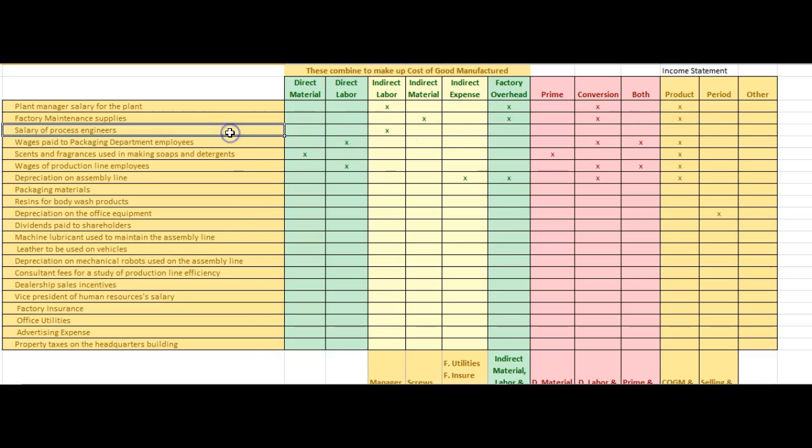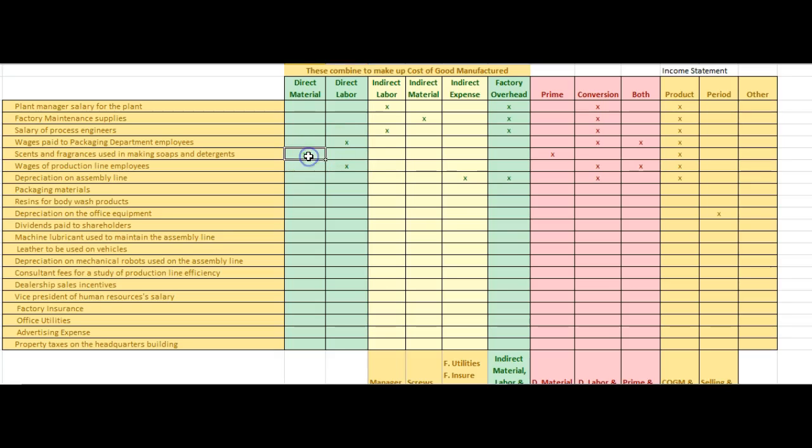The salary of the process engineers, same thing. They're not directly working with that product. They're indirect. So they go into factory overhead, they go into conversion, and they're a product cost. Kind of get the feel for what I'm talking about. You're going to have direct labor. These are people who work directly with the product.